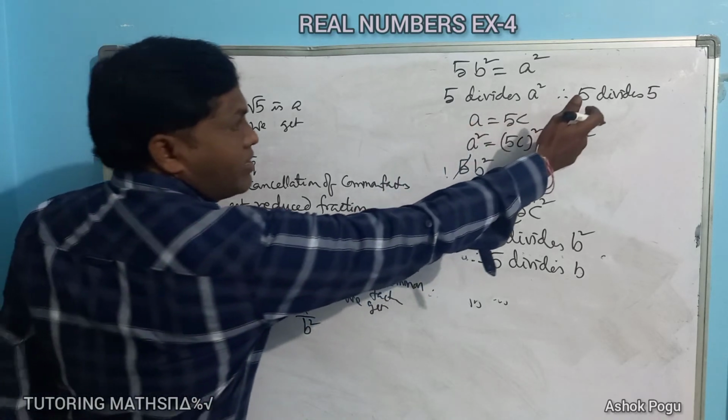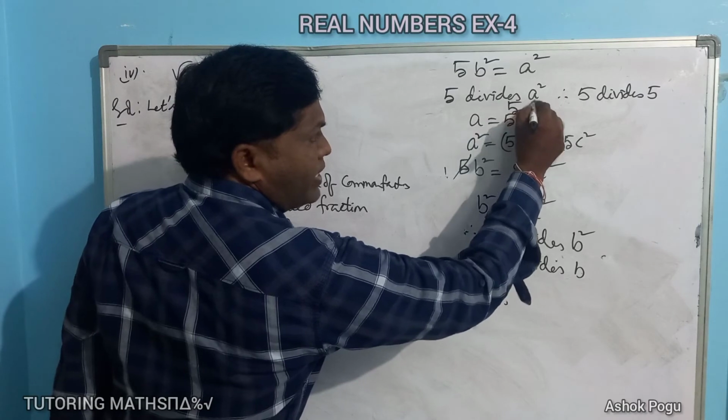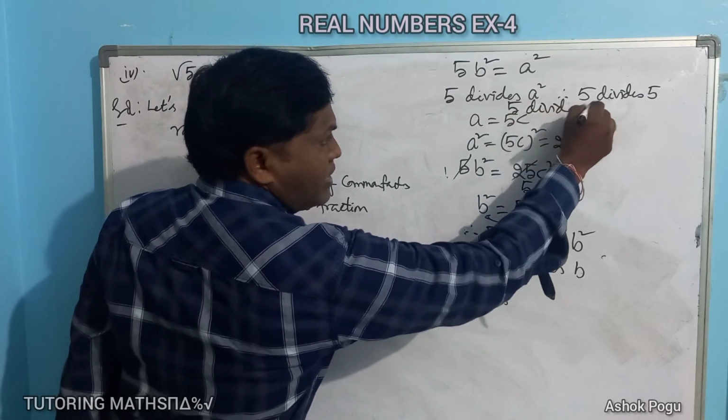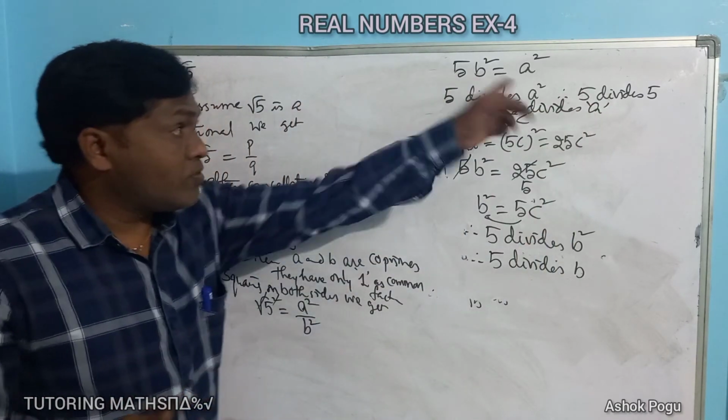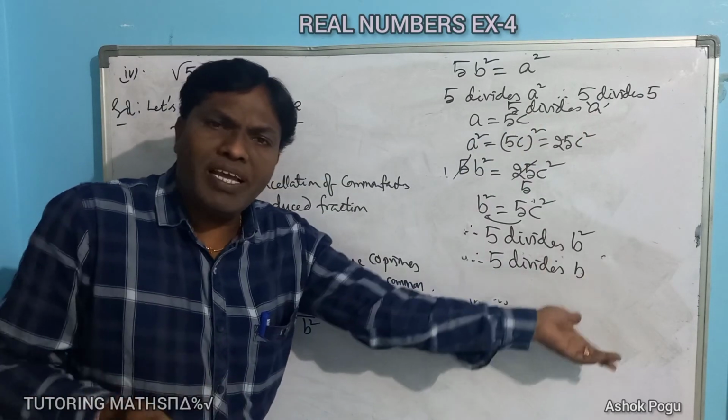5 divides a square means 5 divides a. Then finally you got 5 divides b.